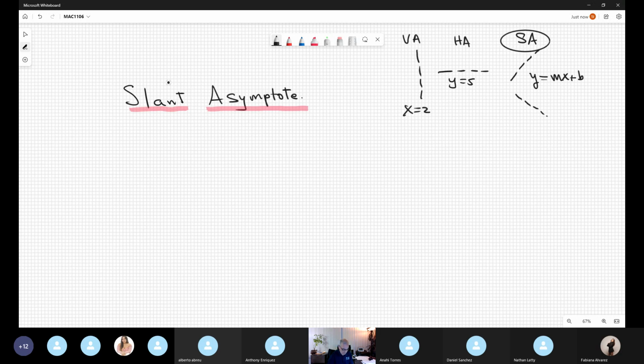Suppose this hypothetical example, number 1 for the slant, is f of x equals x squared plus 1 divided by x minus 1. Because we are always doing the analysis of degree. Degree 1, the numerator, is 2.